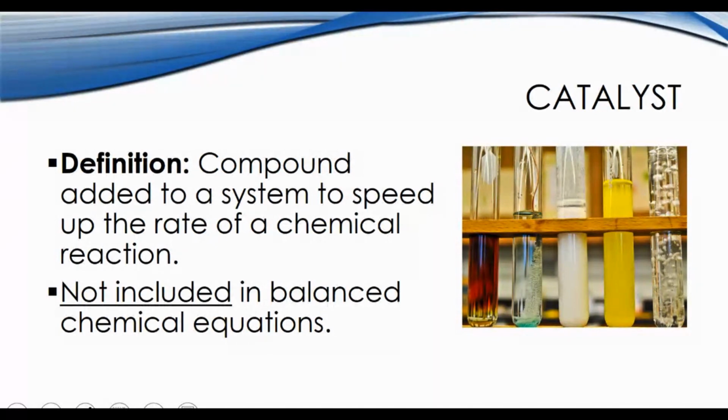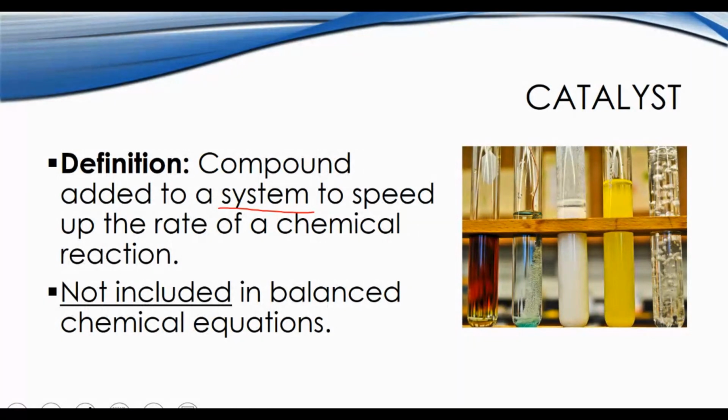So let's look at the definition. It is a compound that is added to a system to speed up the rate of a chemical reaction. When we see the word system, we're talking about those components that you are specifically focusing on. Okay, so we'll look at that in the lab video section of this lesson.